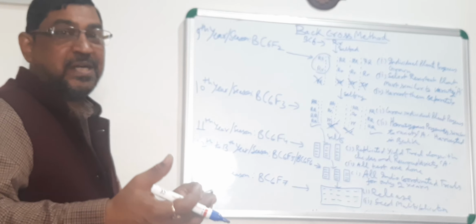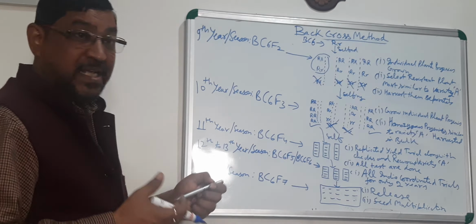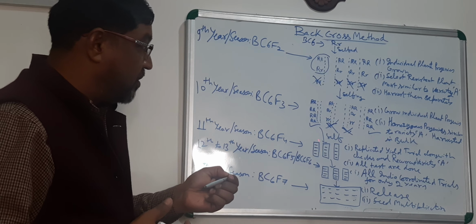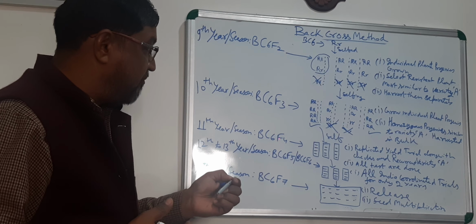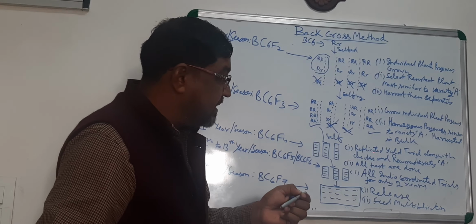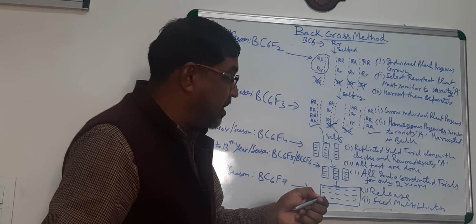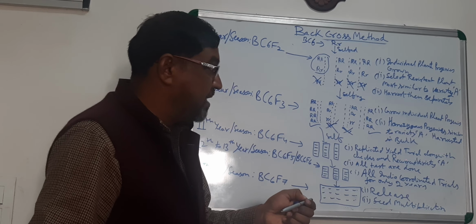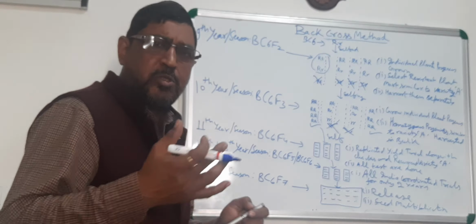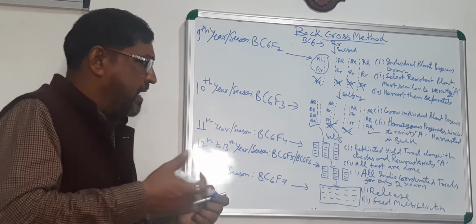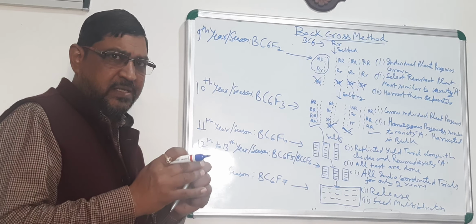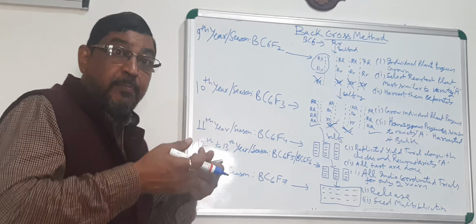Now you are going to start your trials in the next season. So in the 11th year or 11th season, you are going to grow BC6 F4 for trial. Replicated yield trial along with checks and the recurrent variety, so that you can judge the yield potential.